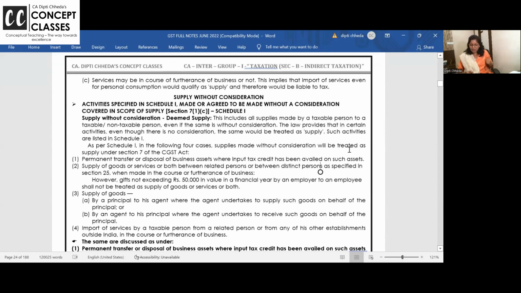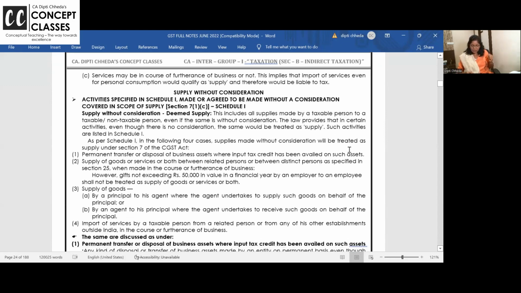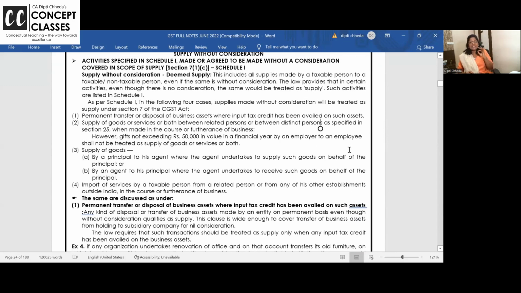Then tomorrow we will start with Schedule 1. Schedule 1 is very nice. It is an exception to the rule: whether money comes or not, GST has to be paid, because you have taken input tax credit. So tomorrow we are going to start with Schedule 1, then 2, then 3, and the easiest part I have kept for last, that is mixed and composite supply.